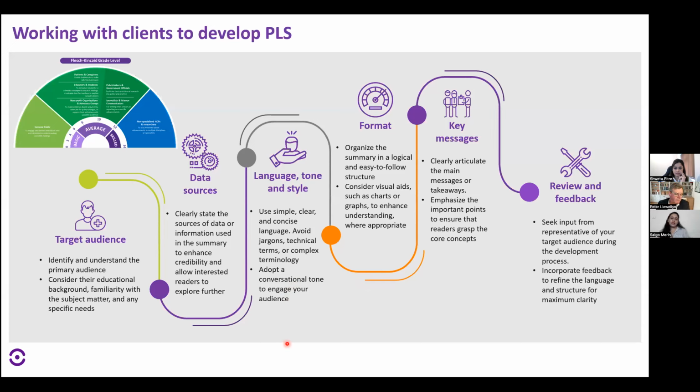While developing PLSs, what are the key things that you have to look into? The first thing would be who's your target audience? Just now, Shweta spoke about so many target audiences that we look at. So once you know whether you want to target patients, or specialists, or very simple lay people, this is the first thing that has to be decided.